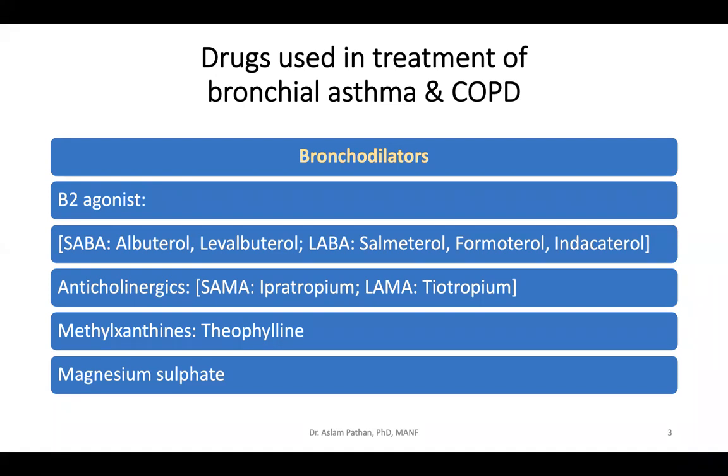The first category is bronchodilators, as we discussed in the previous lecture of bronchodilators, that includes beta-2 agonists, anticholinergics, methylxanthines, and magnesium sulfate.